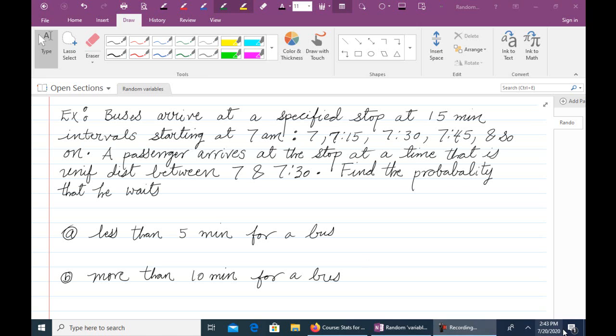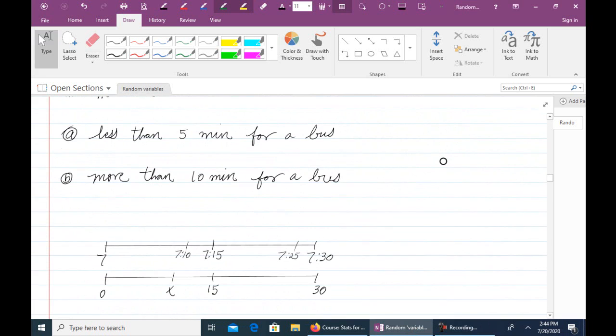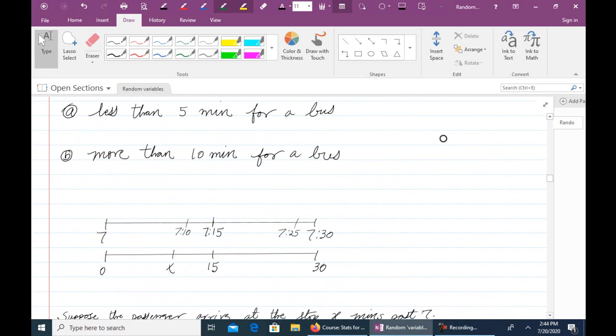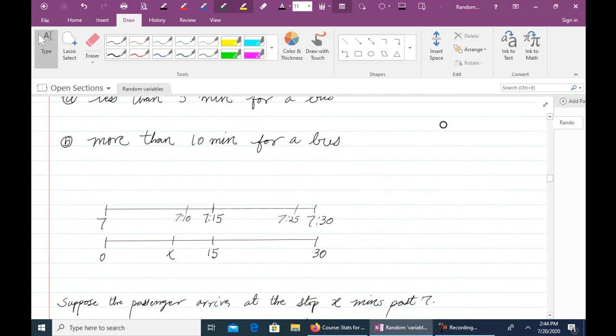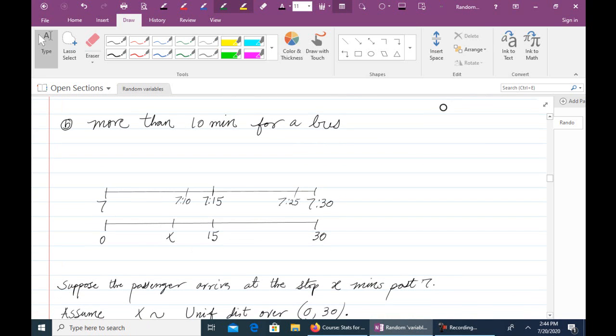So first of all, to answer this question, I made this interval from 7 o'clock to 7:30, and we are going to denote by X the arrival time of a passenger.